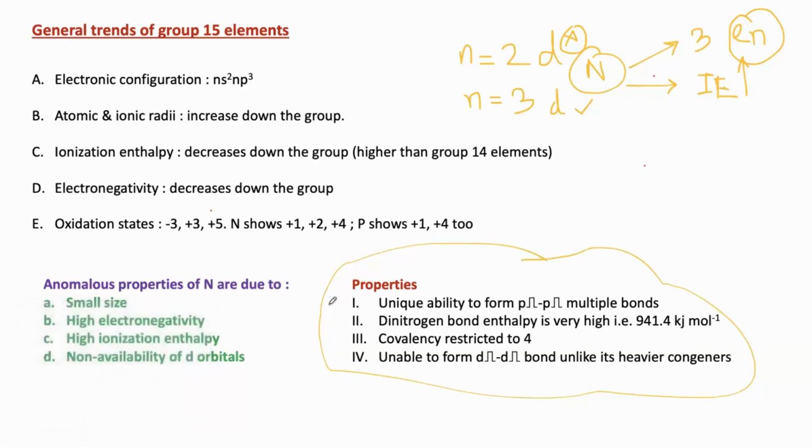The first one is the unique ability to form p-pi multiple bonds. The nitrogen atom is very small in size and it has 2s and 2p orbitals. Since these 2p orbitals are very small, the 2p overlap, that is the p-pi multiple bond formation, is feasible for nitrogen.